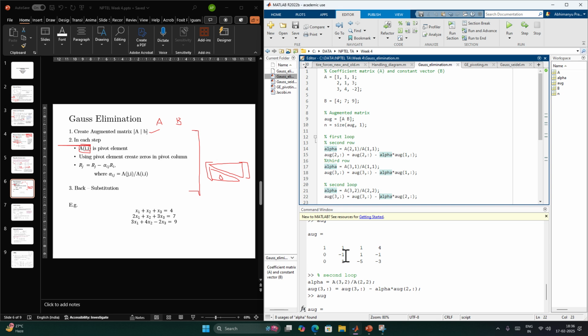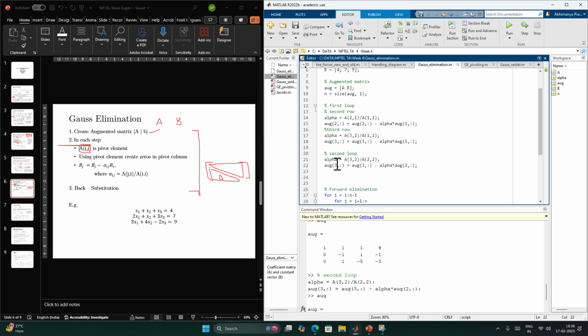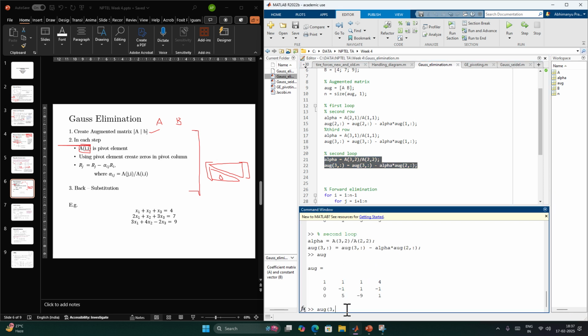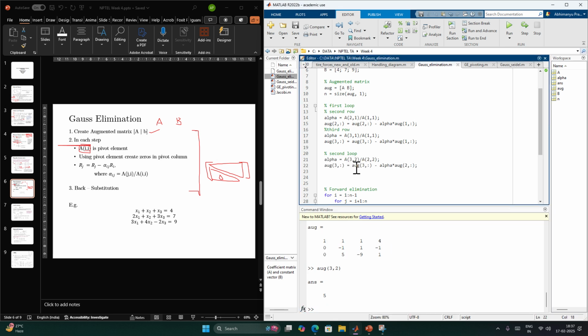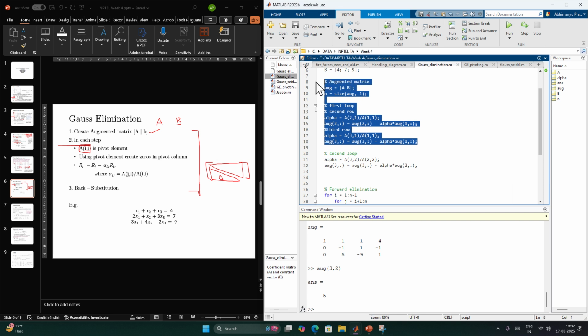So my alpha would be minus, minus plus. This should have worked. So let us run this part again.